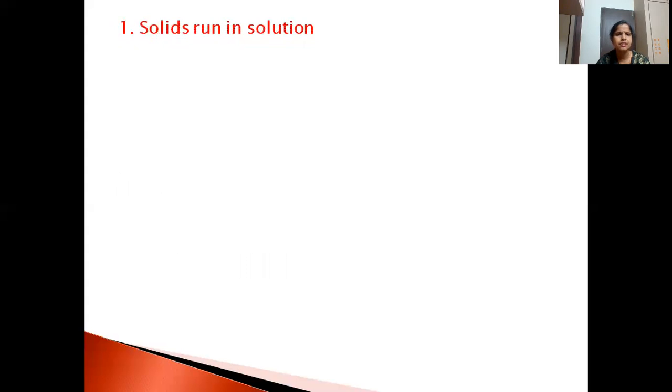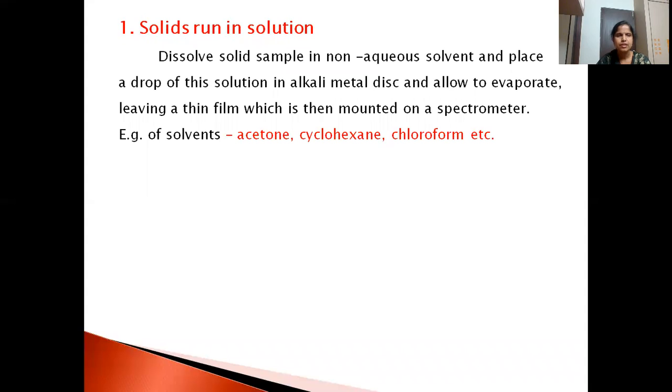First, solid run in solution. The solid we are taking as a sample, we have to dissolve in a non-aqueous solvent, and then place a drop of that solution onto a metal disc, which should be an alkali metal disc, and leave it for some time.